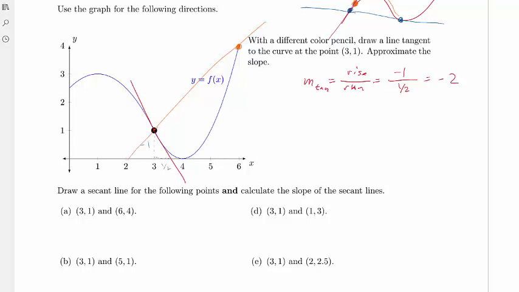And when we calculate the slope of that line, we're going to end up with something very different, right? So we rose up 3, and then we ran over 3. So we got a slope of +1. That's a very different looking slope than the -2 that we're looking for.